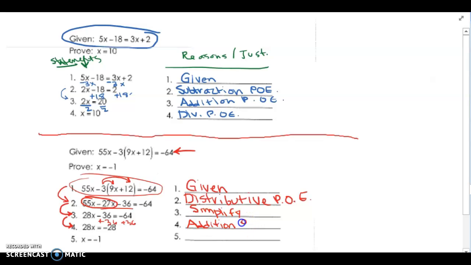That is the addition property of equality. Now, how do we get from 4 to 5? Well, all we did is we divided both sides by 28. And the division property of equality tells us that we can divide both sides by the same thing and it'll remain equal.